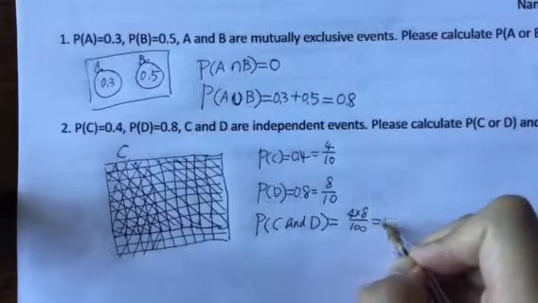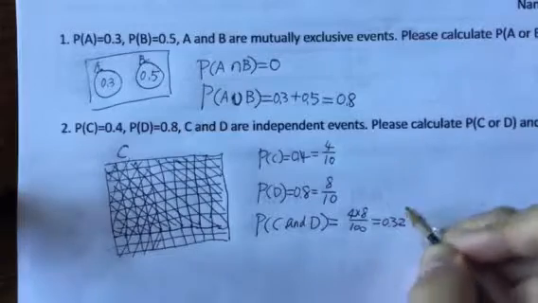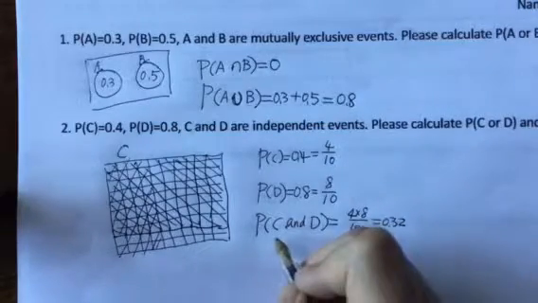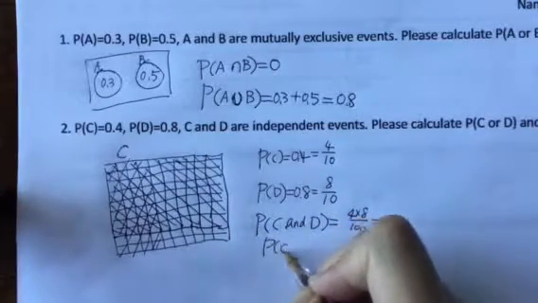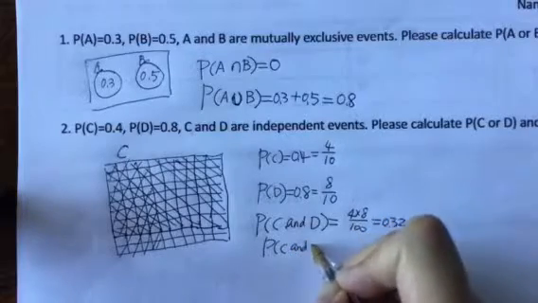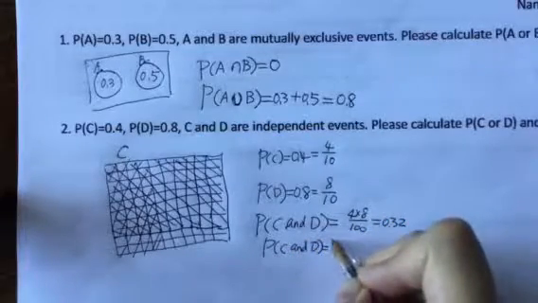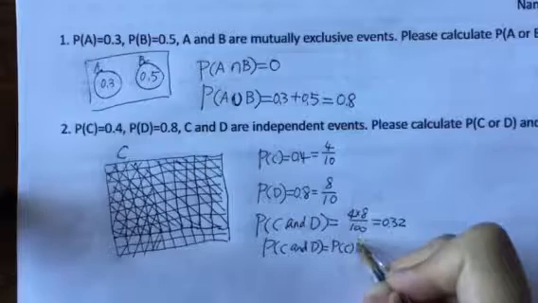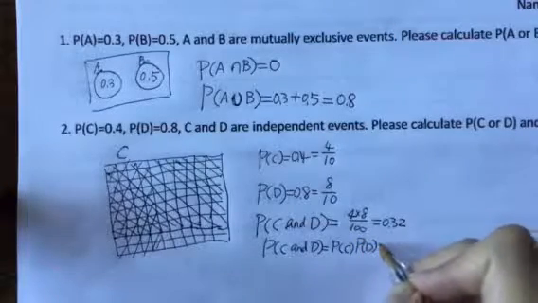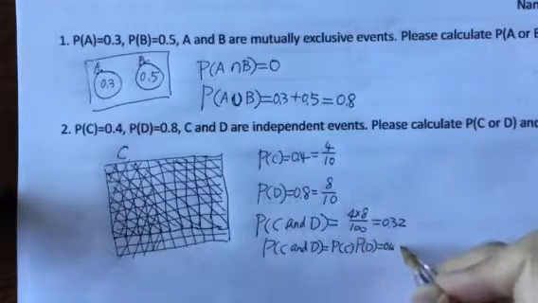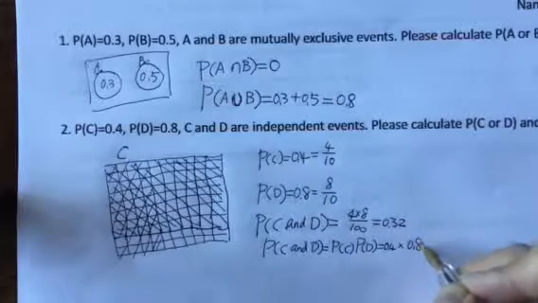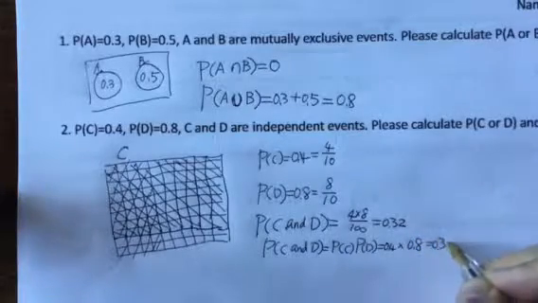Which essentially is 0.32, right? And when two events are independent, probability C and D is equal to probability C times probability D, which is 0.4 times 0.8, and that's 0.32.